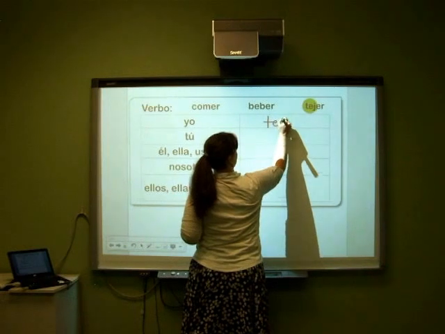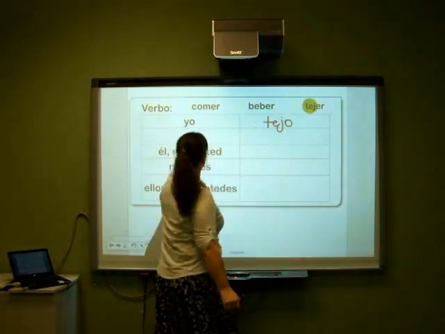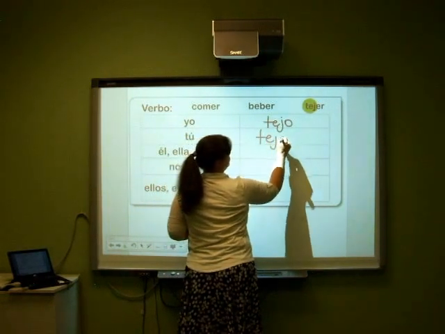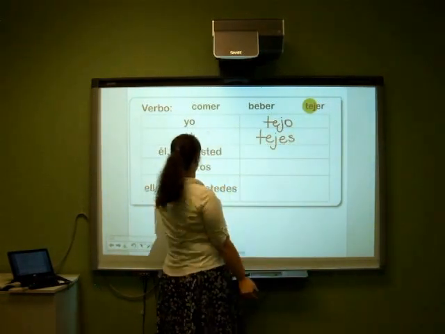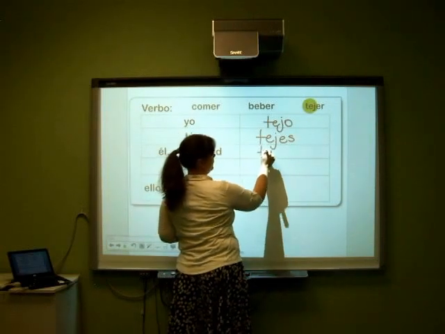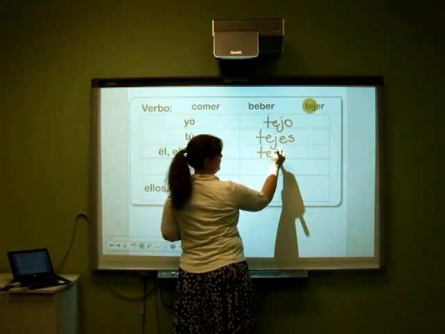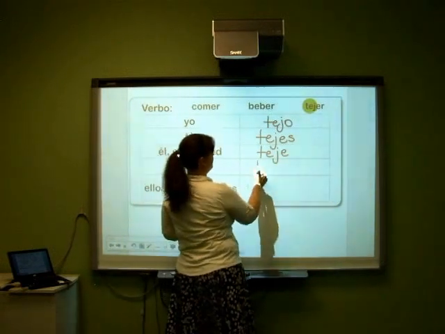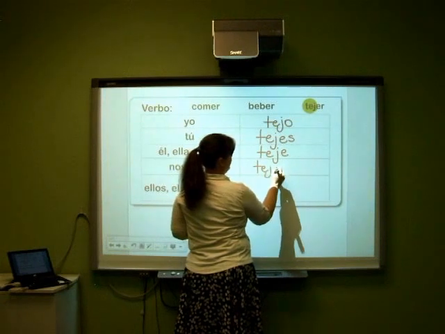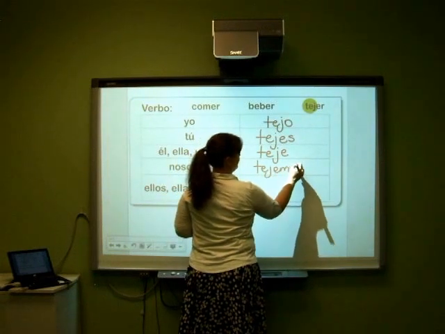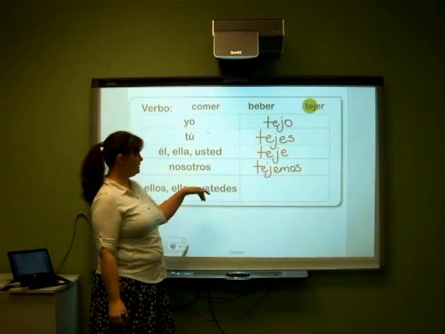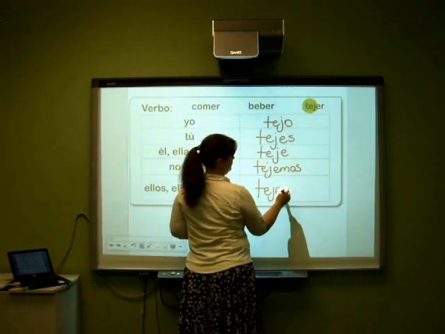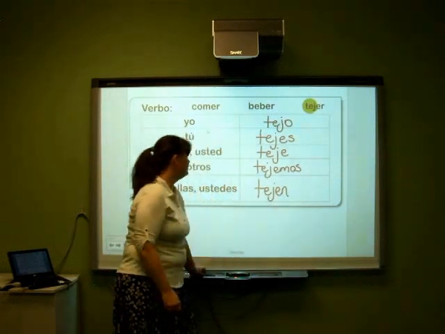Tejo. Very good. Tú tejes. Very good. Él teje. Nosotros tejemos. And ellas tejen. Ellos tejen.